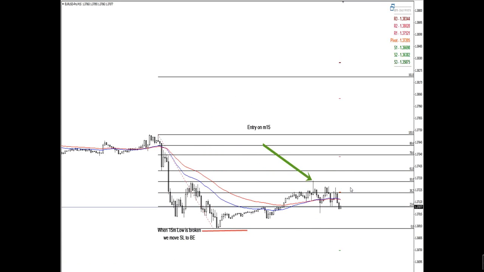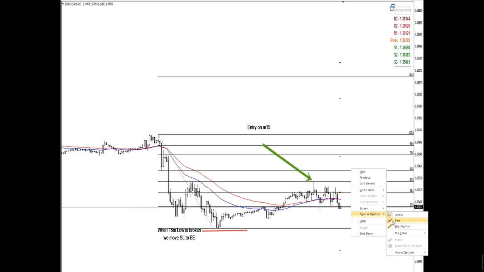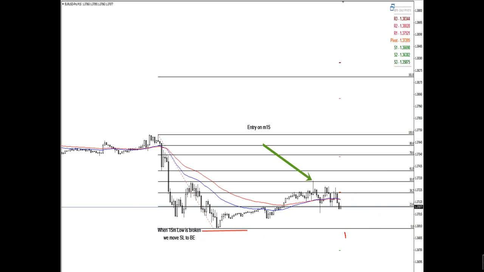Now, how do we turn scalp swing into intraday? When 15-minute low is broken, this is the low, this is the price. Once the price breaks through this 15-minute low, 2 points, we move our stop loss here to entry position at break even.